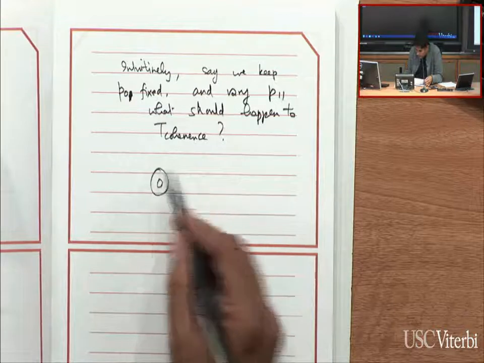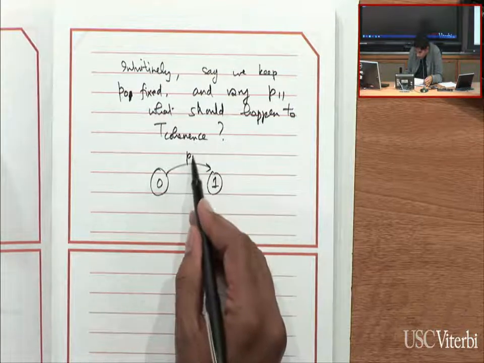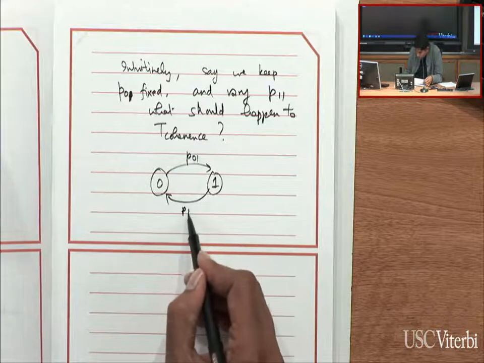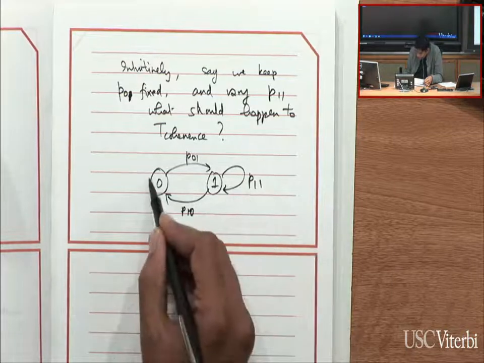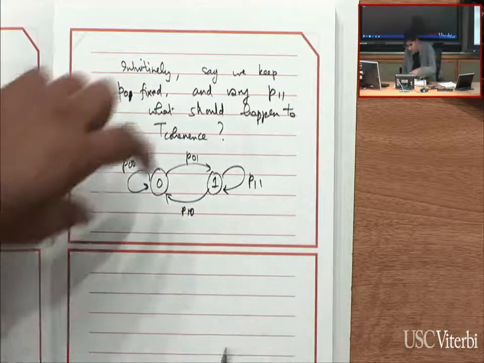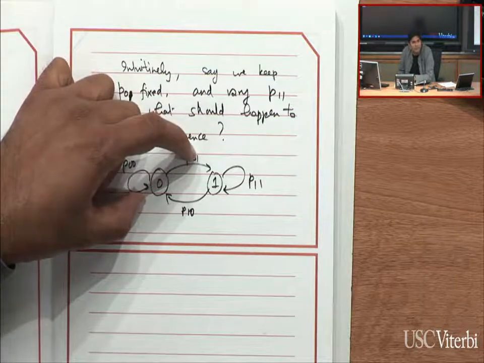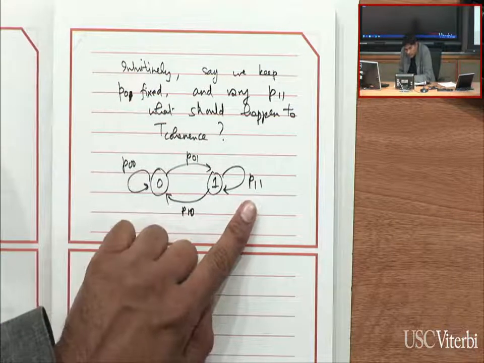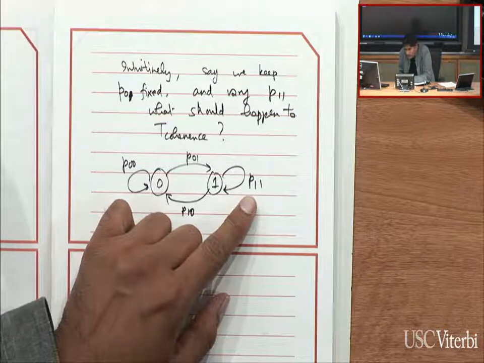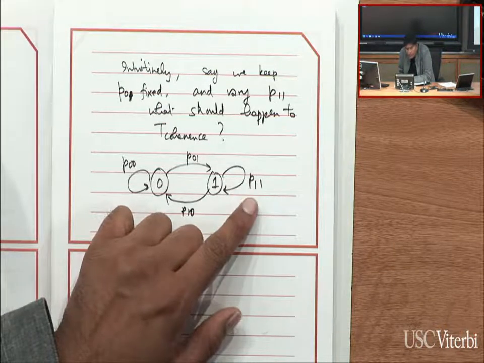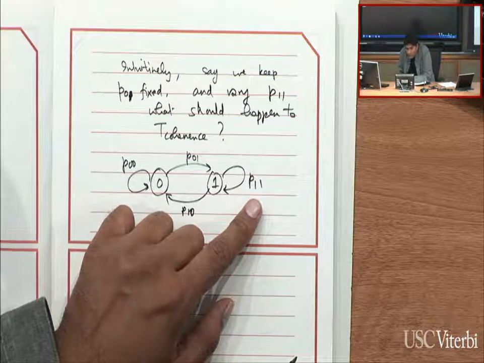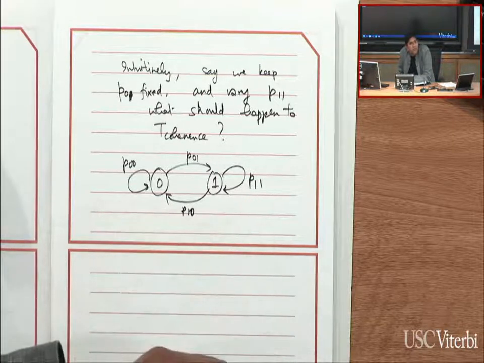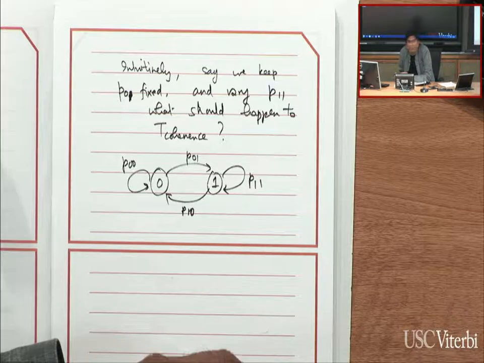So let's think about that for a second. So I'm keeping these two numbers fixed to some value, and I'm just varying P11. As I vary P11, starting from a very low value, very close to 0, to very close to 1, what will happen to the coherence time of this channel that we're describing? Will it increase? Will it decrease? Will it increase and then decrease? Let's build some intuition about this model.